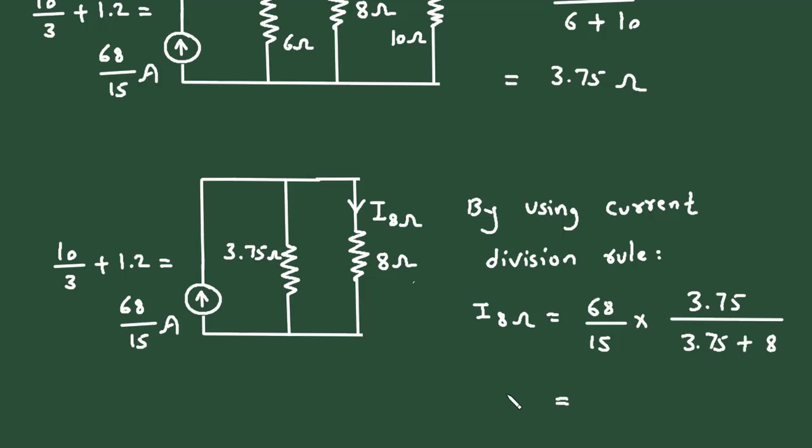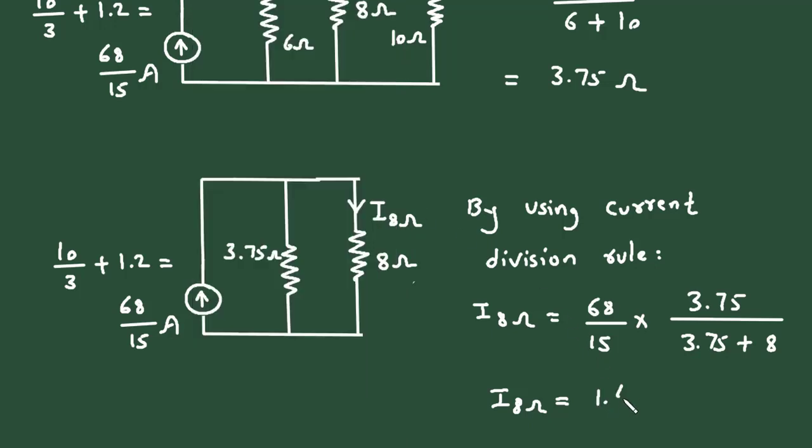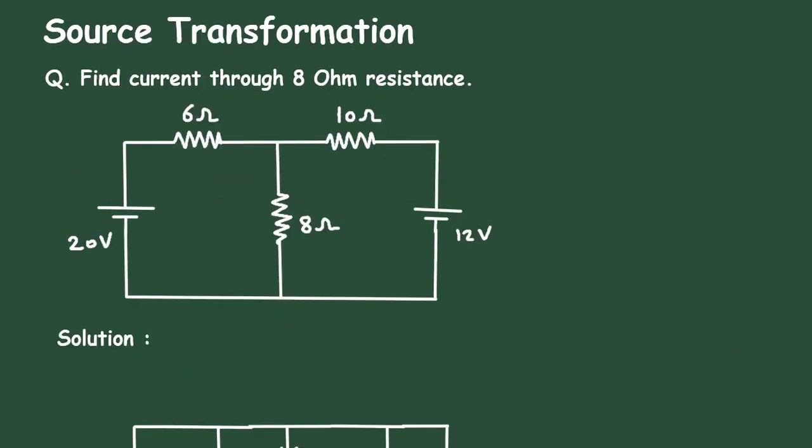So if we solve this, we get I8 ohm is equal to 68 divided by 15 multiplied by 3.75 divided by 3.75 plus 8. So it is 1.446, and since it is current, its unit will be ampere. So this is how we can find the value of current by using the source transformation technique.